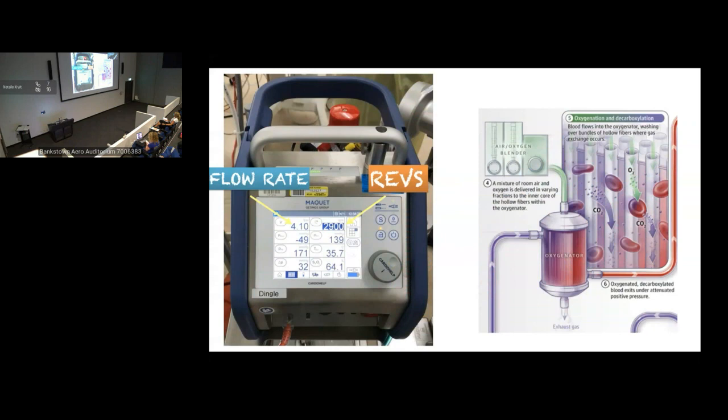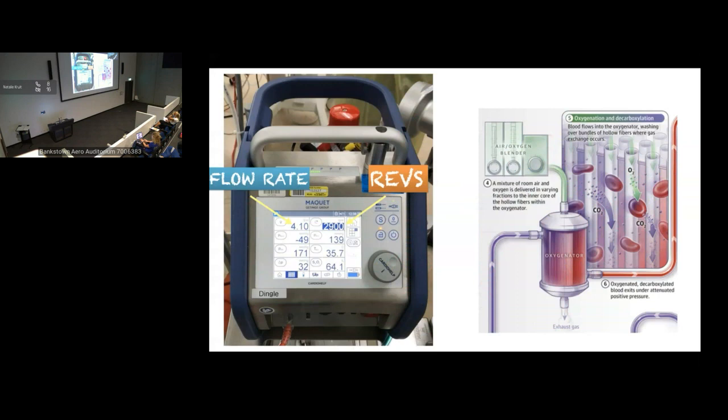So increasing the flow rate will increase the amount of membrane fibres that are coming into contact with the patient's blood, so you're increasing the proportion of the patient's blood that's being oxygenated. We normally aim for a flow of around 3.5 to 4 litres, so about 2/3 or 60% of a patient's cardiac output. So that's generally enough to safely oxygenate the patient when they're supported with this.